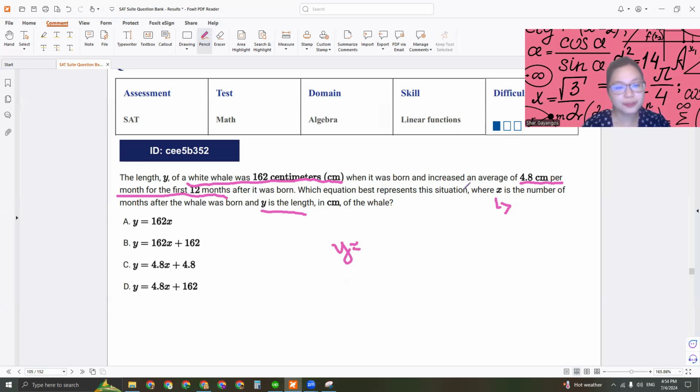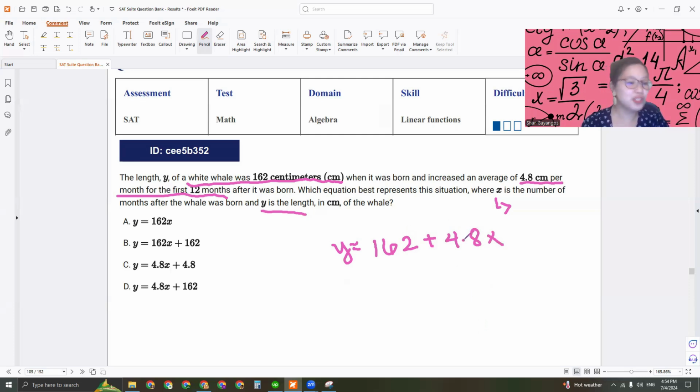So we have a white whale that was 162 centimeters when it was born. So meaning at first we already have 162 cm. So on the first month you will be adding 4.8 cm, right? So after x months, that will be 4.8 times x.